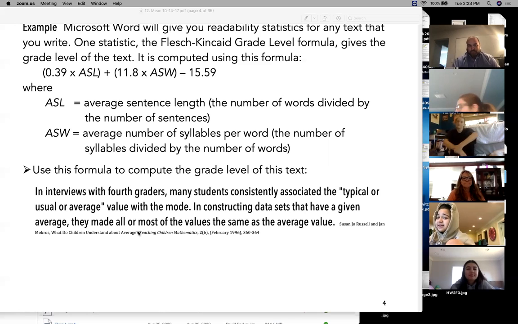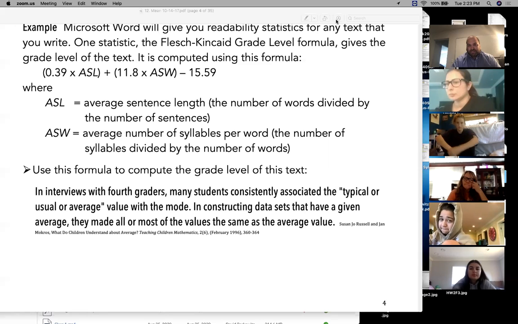So let's actually compute it. Let's start with the average sentence length, which is the number of words divided by the number of sentences. So let's calculate how many sentences there are. I'm going to call it S. How many sentences are there in this paragraph? 2. How many words are in this paragraph?